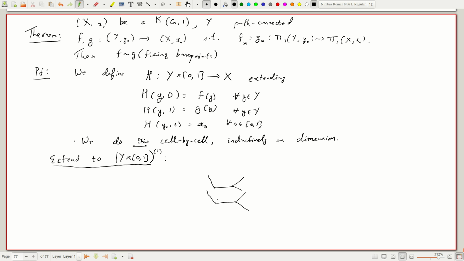So let's draw a little bit of it, and let's keep it a little straighter. This might be y0, on which it is already defined. Okay, but where we have to define it is on these kinds of lines. So let's have them in purple. So a line like this.